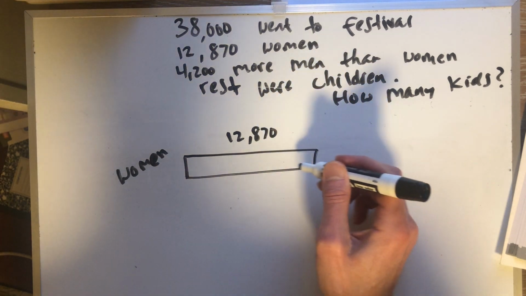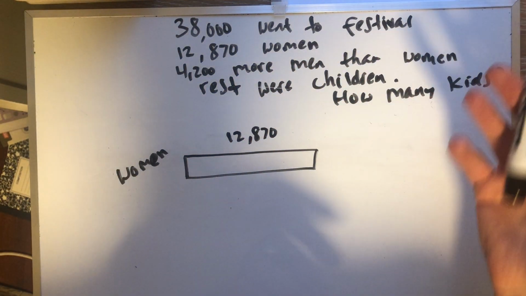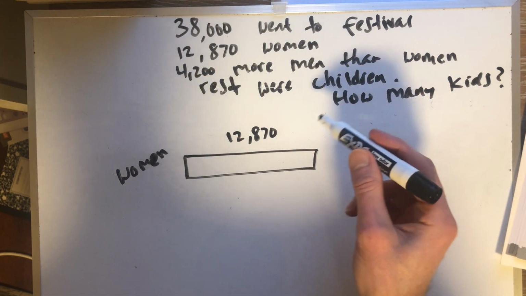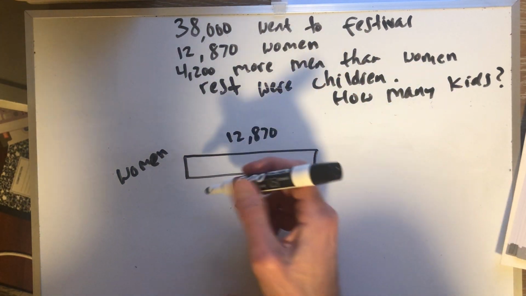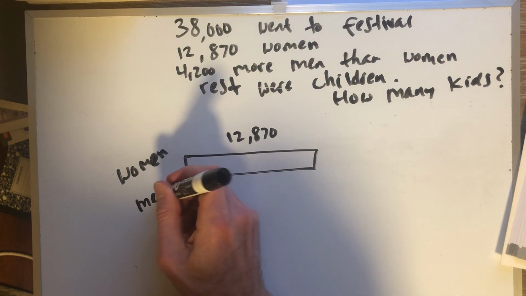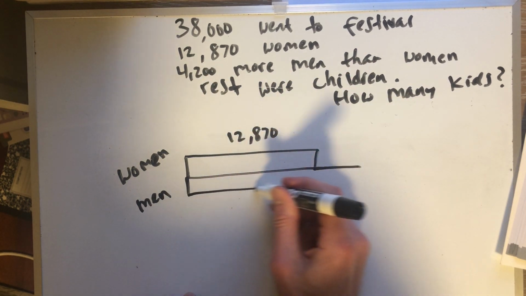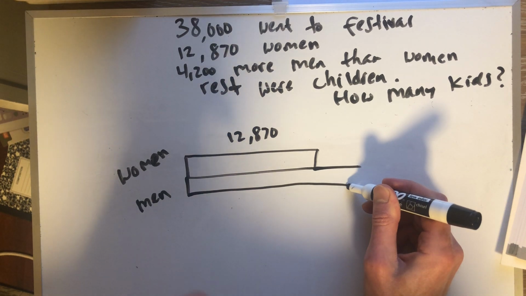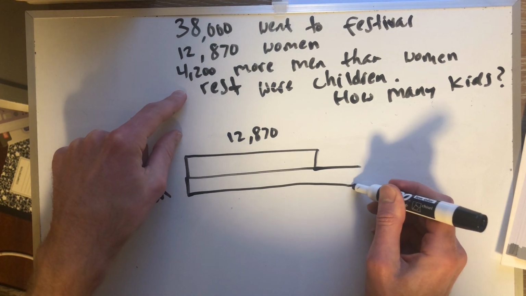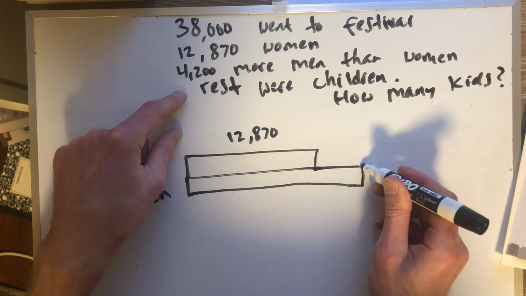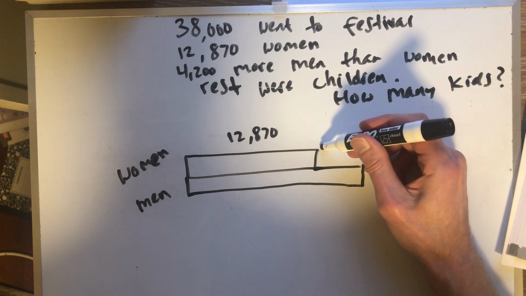This is why we draw bars, because we can kind of tell what's more than what. And then how many men went? Well, we know it's more than women, so it's going to be a bigger bar. How many more men? Well, 4,200 more.